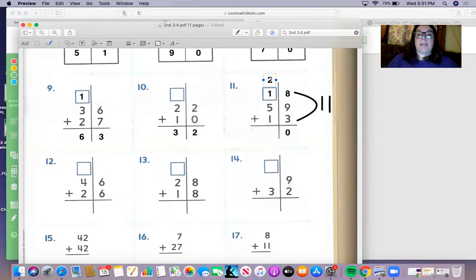And now we add our tens. 2 plus 1 is 3, 3 plus 5 is 8, 8 plus 1 is 9. So I just wanted to show you that. Especially if you have multiple addends, you won't come across it if you're just adding 2 addends. When you regroup, it will just be 1 ten.